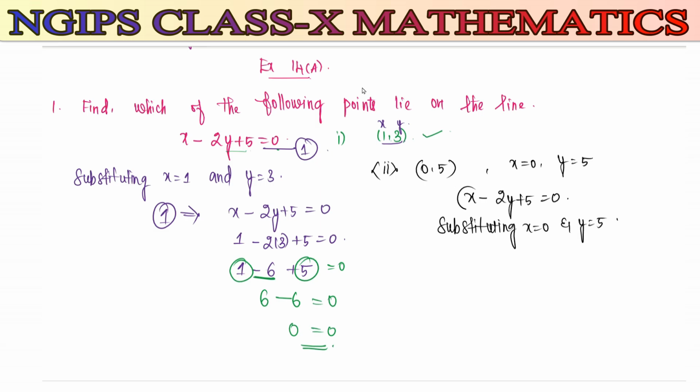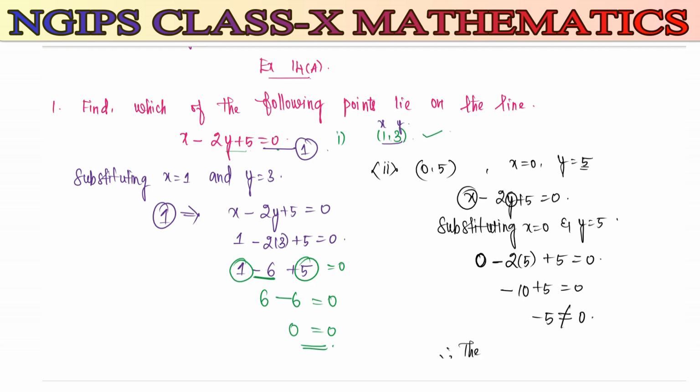So x value is 0 minus 2 into y value 5, plus 5 is equal to 0. 0 minus 2 into 5, 2 into 5 value is 10, minus 10 plus 5 is equal to 0. Minus 5. Minus 5 is not equal to 0.